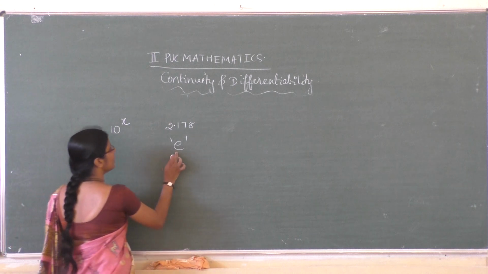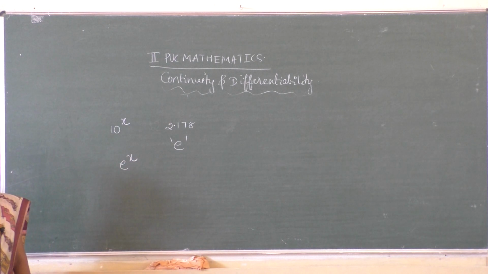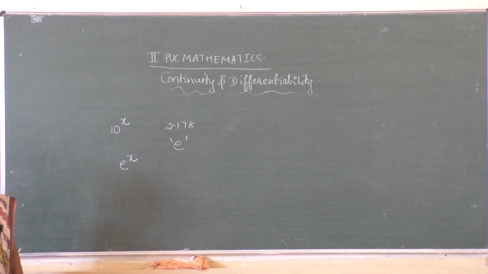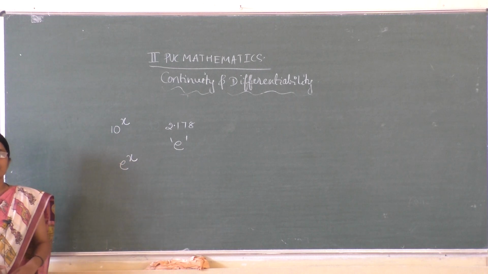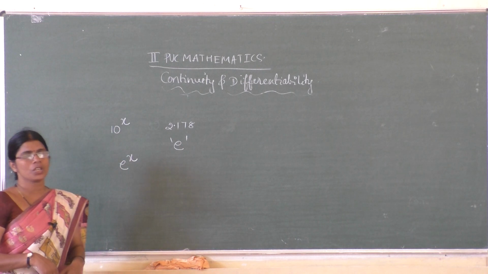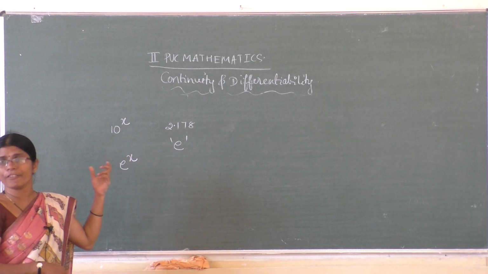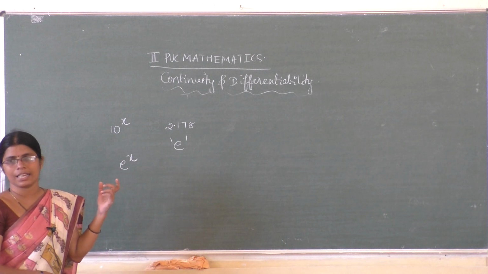If you consider this particular base e, that is the natural exponential function. E to the power x is the natural exponential function. So this is about the exponential function, and I have to give the graph of this particular function, which we take in the next class.